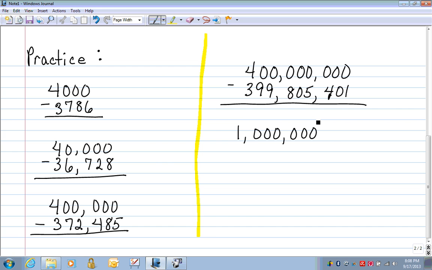And we don't have to say the name of the rest of the commas because there are no digits behind them. So all we need to say is 1 billion minus 999,999,999.